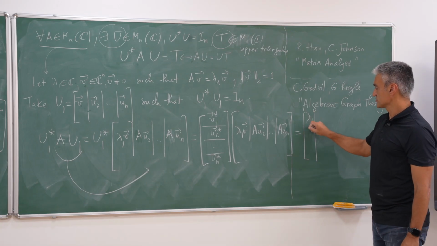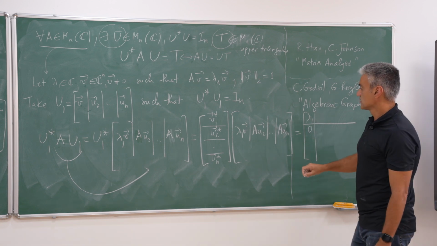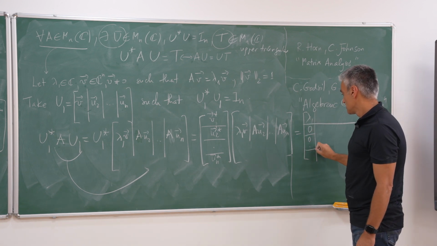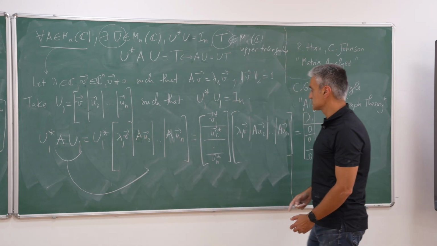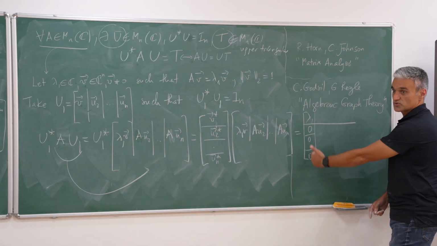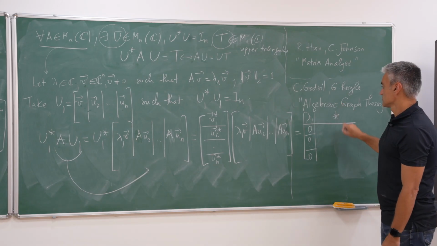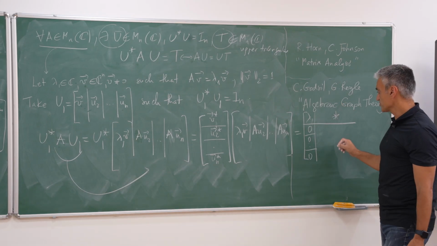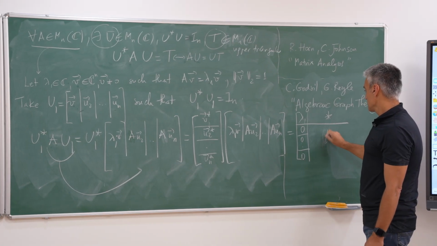Lambda 1 on the first entry, and what's the value below it? 0. So you see, just the simple fact that you took this as an orthonormal basis clears out your first column. And then you're going to get something here, and something here. Let's call it A2.